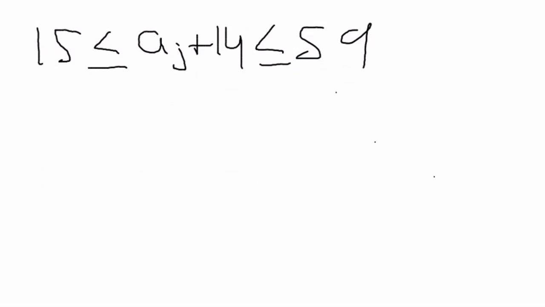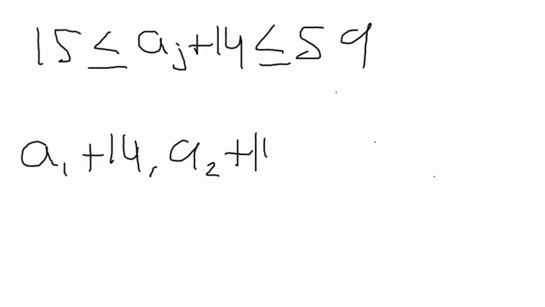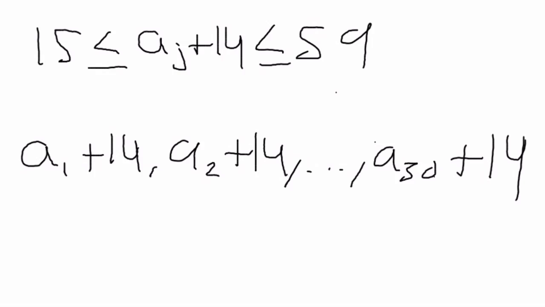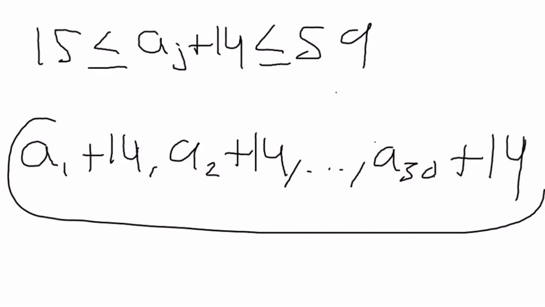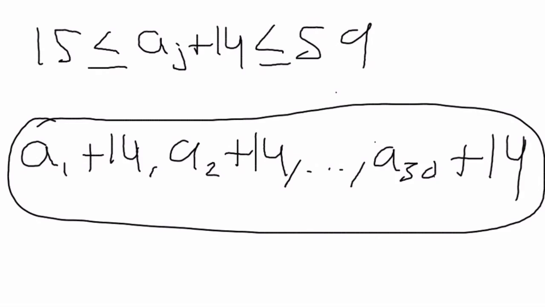Now we can rewrite our sequence of a sub j's as follows: a sub 1 plus 14, a sub 2 plus 14, dot dot dot, a sub 30 plus 14. It's the same sequence, just we added an integer to it. We added 14.